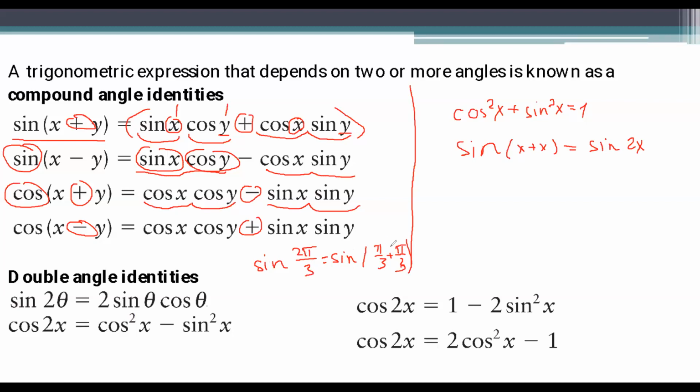Pi over 3 and pi over 3 is a double angle, 2 times. And this would be equal to 2 times sine pi over 3 times cosine of pi over 3, as it shows here. Also, note this down and memorize it.